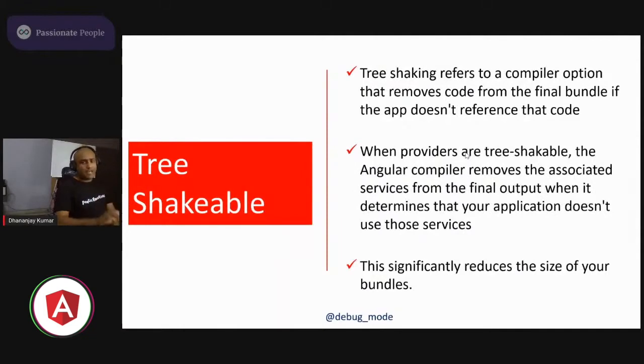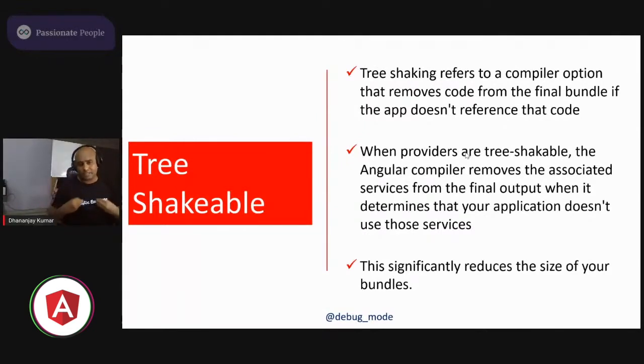Before we move ahead, I'm going to use two words a lot in the next half an hour. Those words are tree-shakable and singleton. Now, what is a tree-shakable service? Tree-shakable means that if something is not being used, it would not become part of the final output bundle.